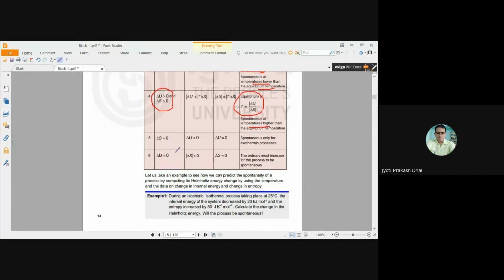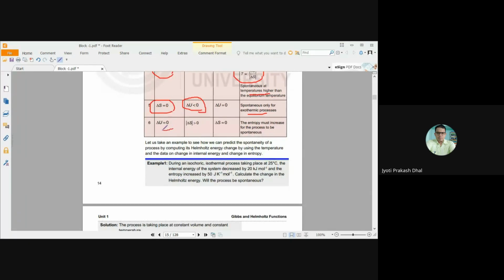Now coming to the next condition, where del S equals 0, that means that term will vanish and the process will be spontaneous if the value of the RHS is less than 0, that is, negative. So when the del S term is not there, the process will be spontaneous when del U is less than 0, that is, for an exothermic process.